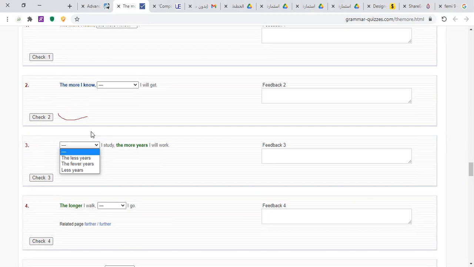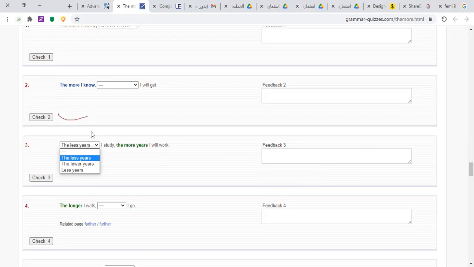Less, do I use it with countable or non-countable? I think all of us agree that we have only these two choices. This one is not correct. So you have the less years, the fewer years. Do you remember few and little? The grammar few and little, a few and a little. So what did we say about few?